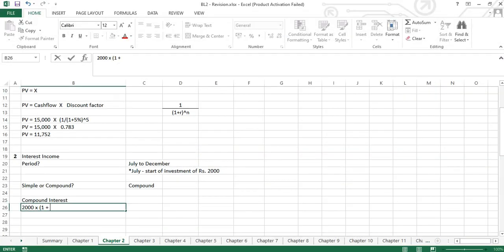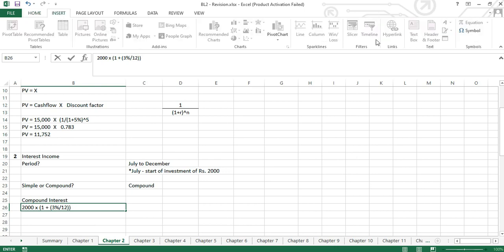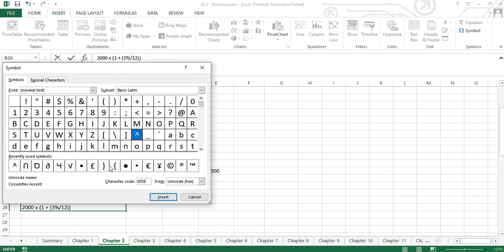So you have to divide 3% by 12 months to get the monthly interest rate, and you add it to 1. First of all, we calculate the final value once including interest, and then we take off the initial investment and get the balance.